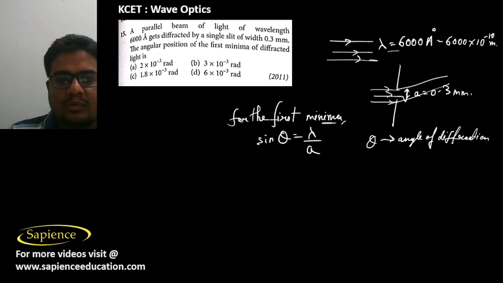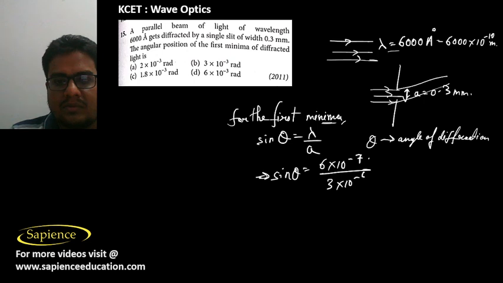Angular position of the first minima: sine theta will be equal to 6 into 10 power minus 7, divided by A, that is 3 into 10 power minus 4. So this is 2 into 10 power minus 3.